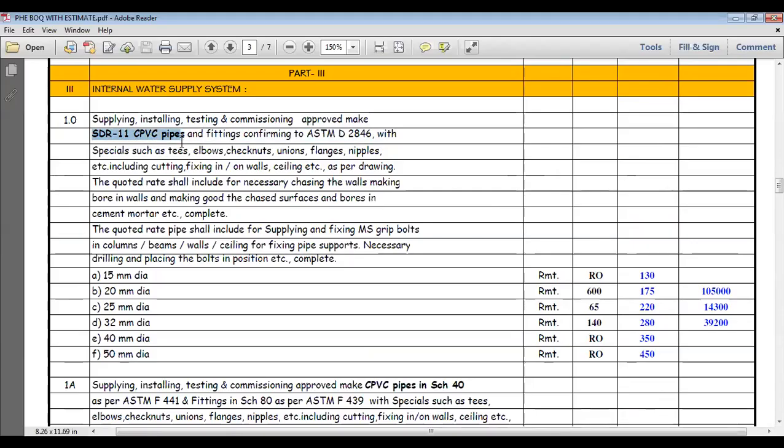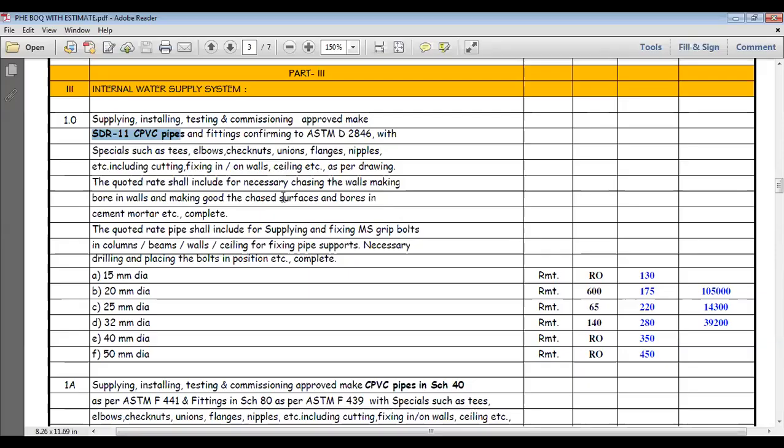CPVC pipe for the water supply and fittings conforming to ASTM D2846 with special sockets, tee, elbow, check nut, union, flanges, nipples, etc., including cutting, fixing on walls, ceiling, etc., as per drawing. The quoted rate shall include necessary chasing of the wall, making bore in the walls, and making good the chased surfaces and putting cement mortar, etc.